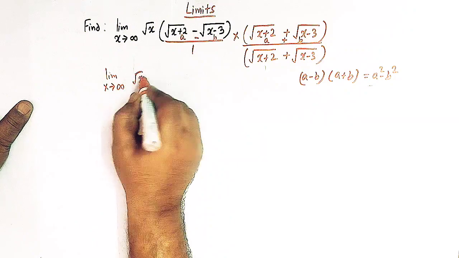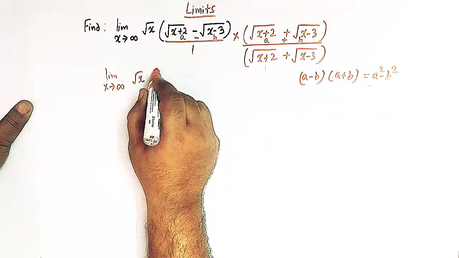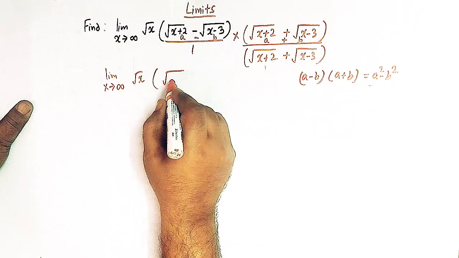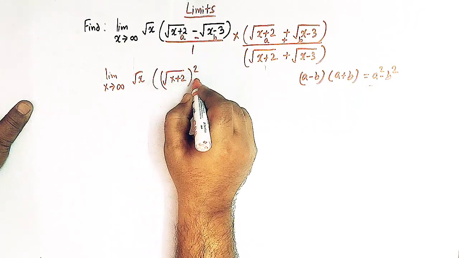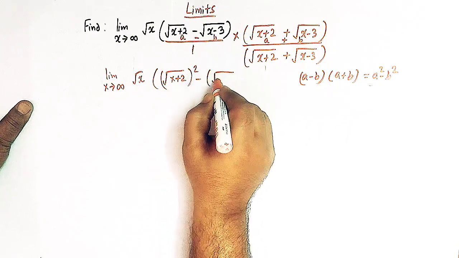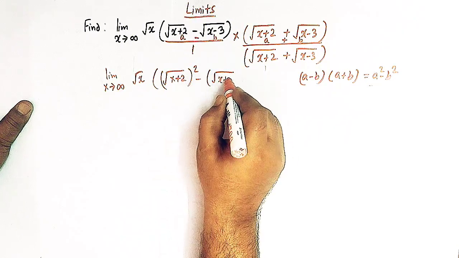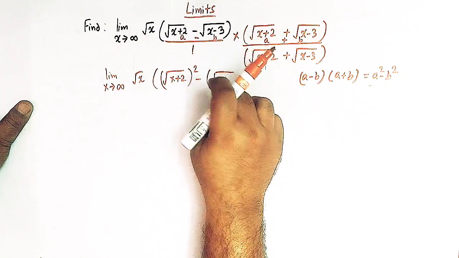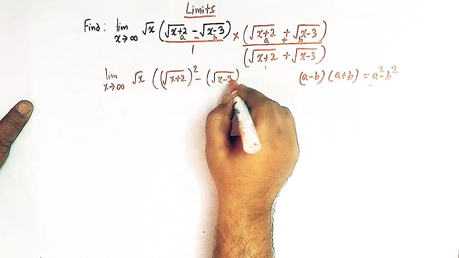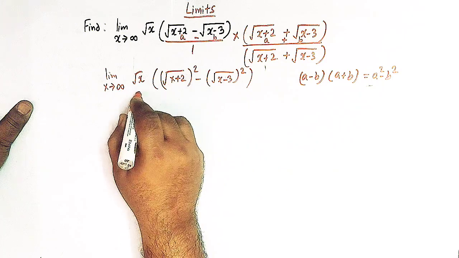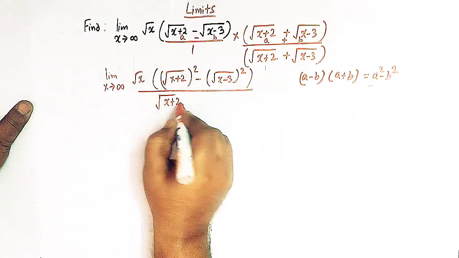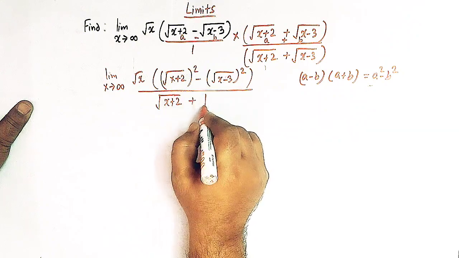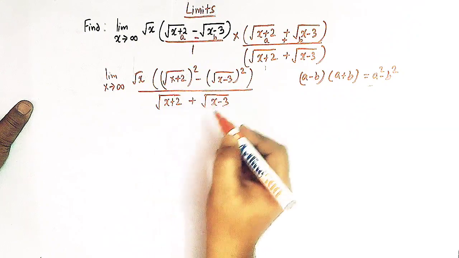We have square root of x, and now we have square root of x plus 2 squared minus square root of x minus 3 squared, and in the denominator we have square root of x plus 2 plus square root of x minus 3.